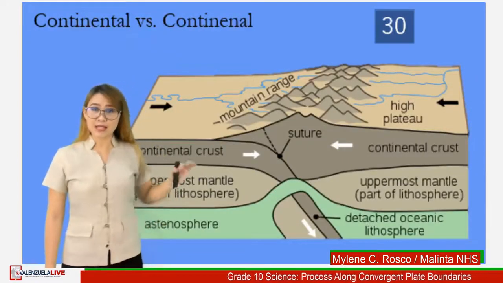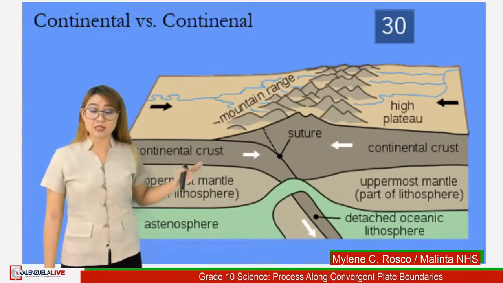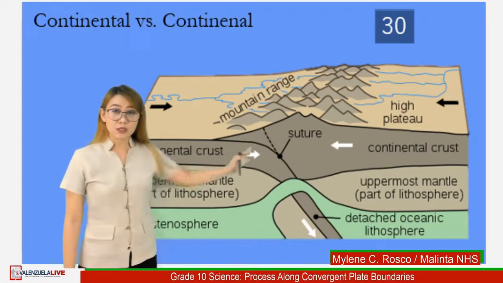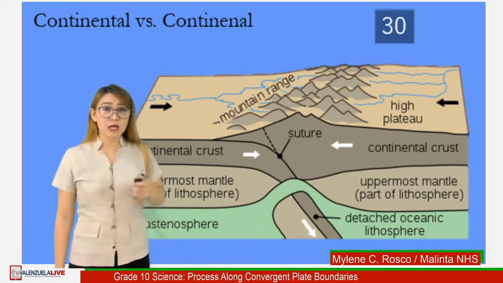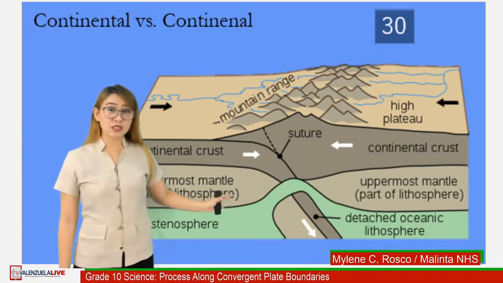Okay, so the last type of plate boundary is the convergence between two continental crusts. Now I'll be giving you another 30 seconds to study the diagram.